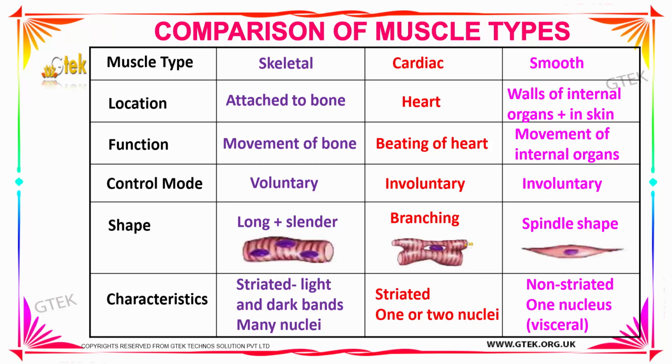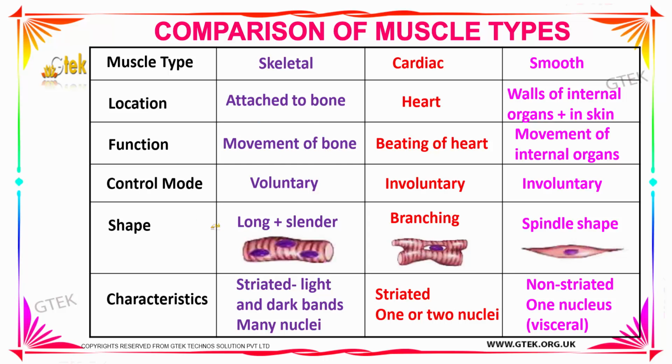So here you have a brief comparison of the muscle types that we have viewed. Your skeletal muscles are located attached to bone most of the time, and their function is movement of bone.